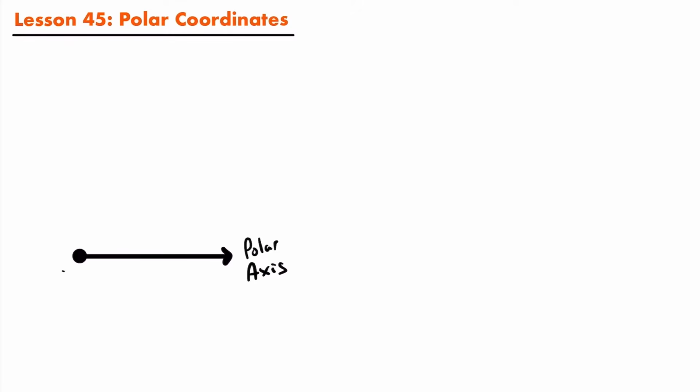And I'll label that point with O, just so you know that that point right there is the origin or that pole. Now I know I said that the polar axis extends in both directions from the origin, but to keep things simple for this diagram here, I only have it extending in one direction, but just know that it does extend in both directions from that origin or from that pole.